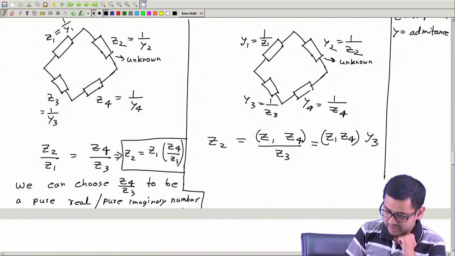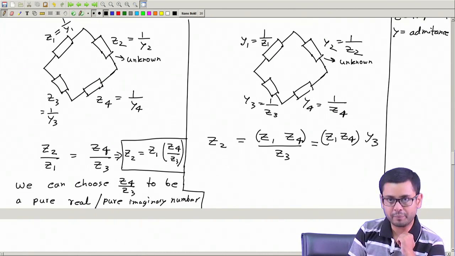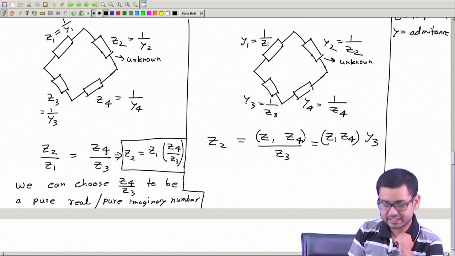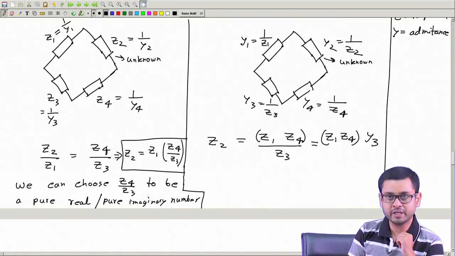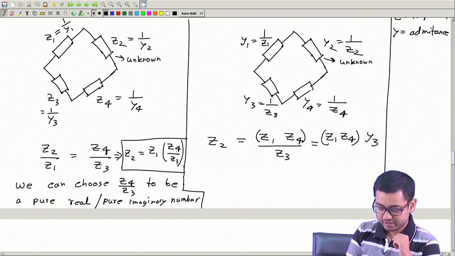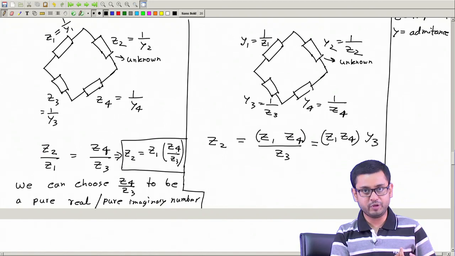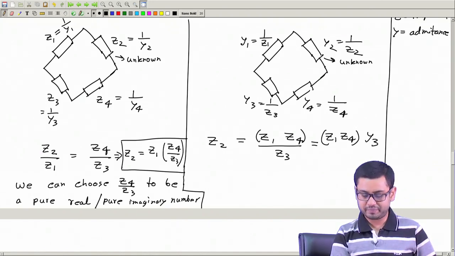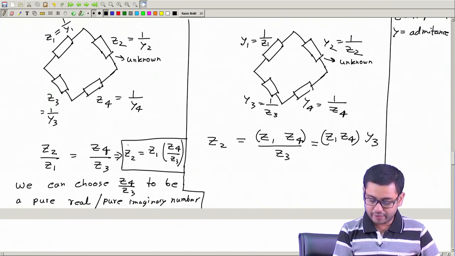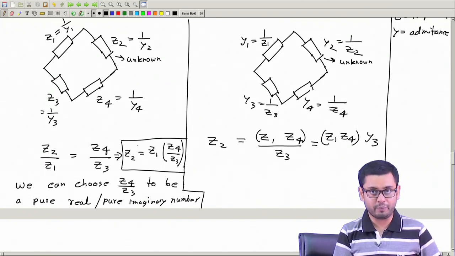Okay. Then Z2 and Z1 will be complex numbers, but Z4 and Z3 we can choose to be purely real or purely imaginary. If we choose them both to be purely real, then the ratio Z4 by Z3 is a real constant, and the balance equation will have only Z2 complex and Z1 complex.